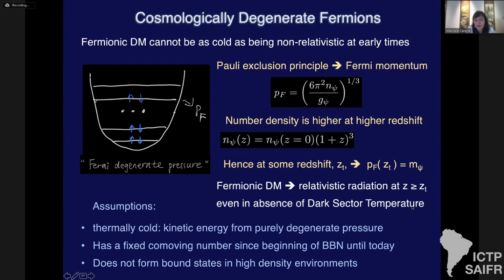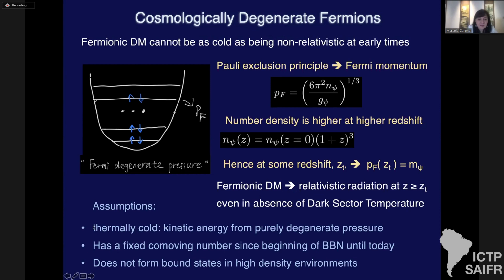So at this moment, I am thinking that the temperature of the dark matter, which decouples, and I will go into those assumptions in a second, is basically zero. The dark sector has decoupled at some time at the beginning of BBN, and it remains with a fixed co-moving number until today.